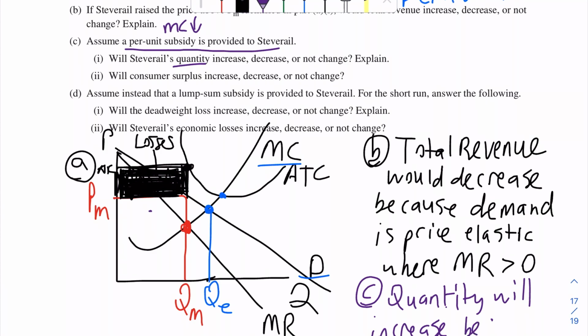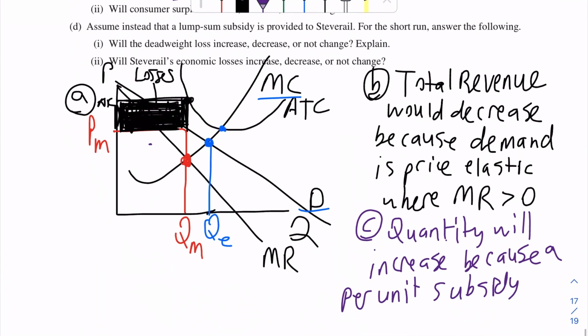because a per unit subsidy will decrease marginal cost and intersect marginal revenue at a higher quantity.